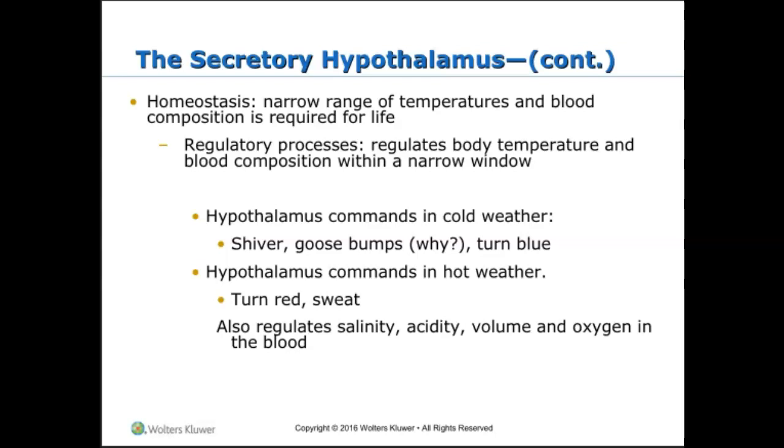Now, why do we shiver? Essentially, this is how the hypothalamus induces muscle contractions, and muscle contraction makes us warm. We know if we start running, we're going to be warmer. Shivering does the same thing. Goosebumps are a way for our skin to raise the hair. Well, it doesn't do all that much good because we're not extremely hairy, but back when we were hairy, it could have helped.